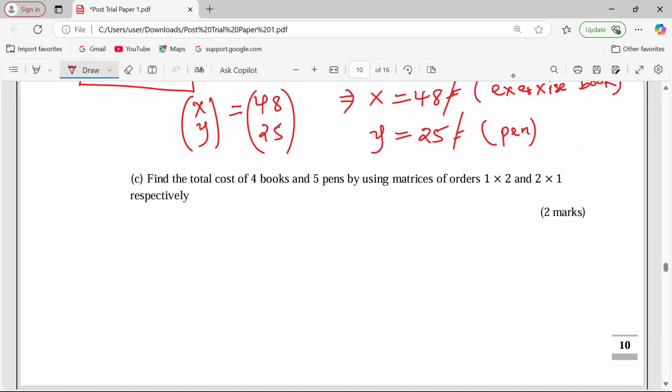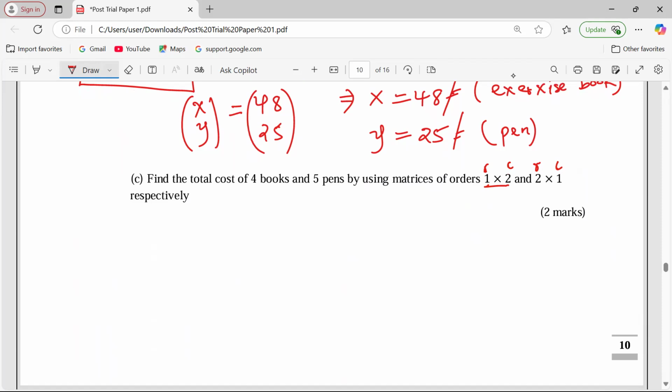Look at part C now. Find the total cost of 4 books and 5 pens by using matrices of orders, 1 by 2 and 2 by 1. That means 1 row, 2 columns, then 2 rows, 1 column.